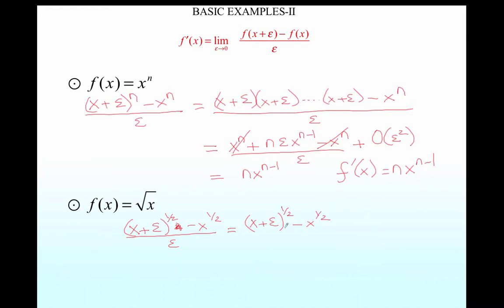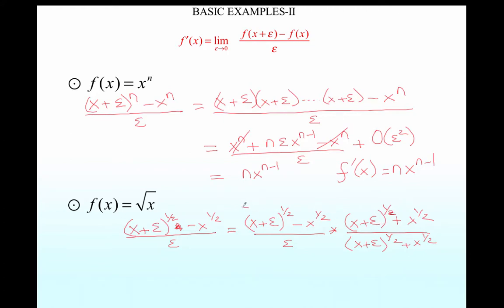And what I'm going to do is multiply by x plus epsilon to the power half plus x to the power half divided by the same thing. So x plus epsilon to the power half plus x to the power half. That is just 1 over here.